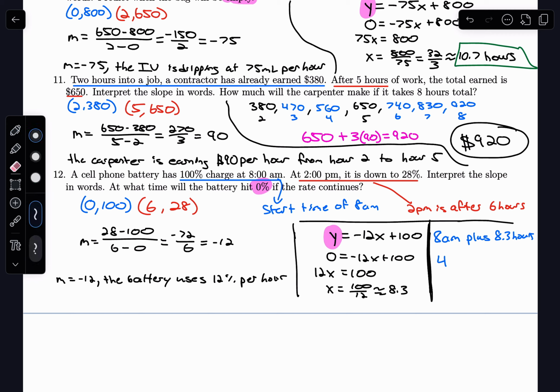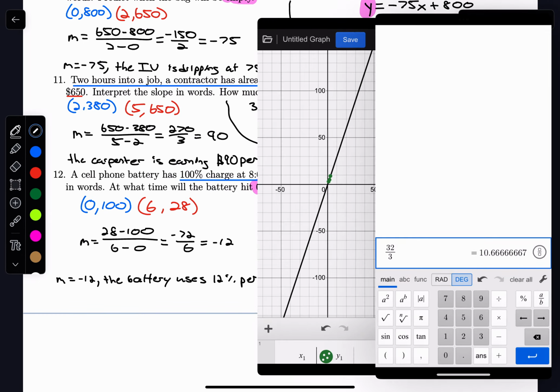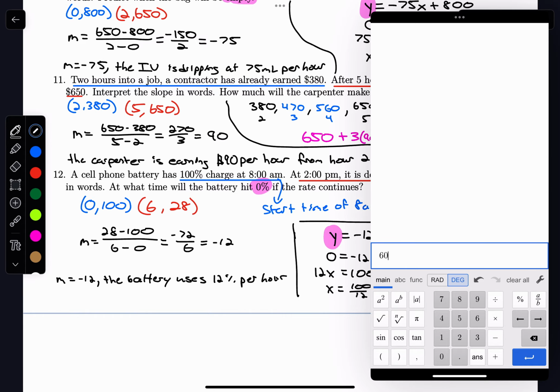Okay, so real quick, let's do a little calculation. There are 60 minutes in an hour. So 60 minutes multiplied by 0.3 is the number of minutes that 0.3 hours represents. So 60 times 0.3, we can calculate real quick. Okay, that gives me 18.